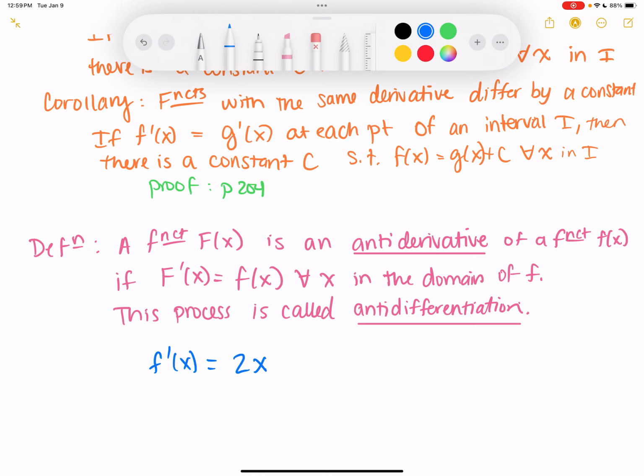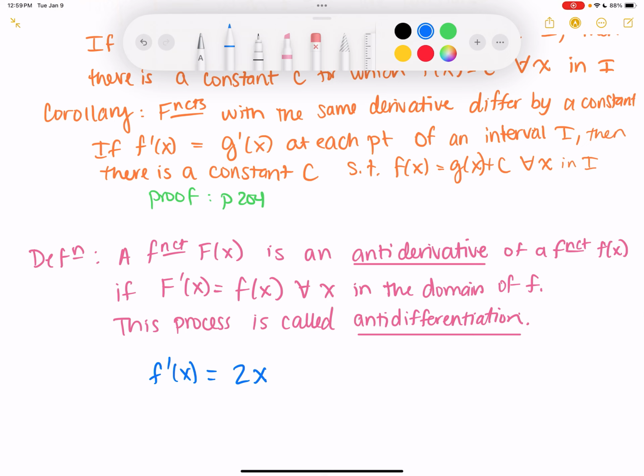Now, there is a possibility, what this corollary up here said about functions with the same derivative differing by a constant is that when we take the derivative of, say, 3x squared plus 2, that plus 2 part just goes away, because the derivative of a constant is 0.